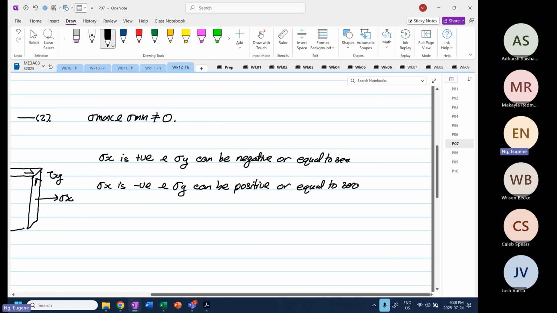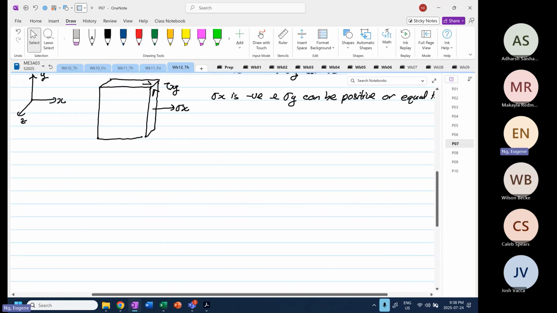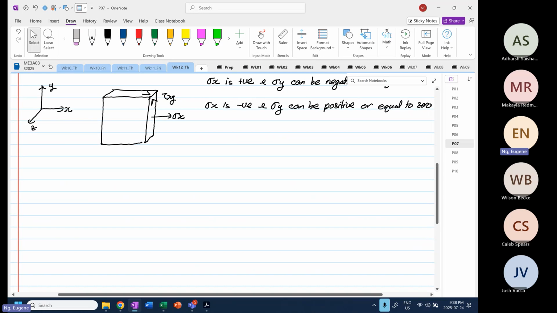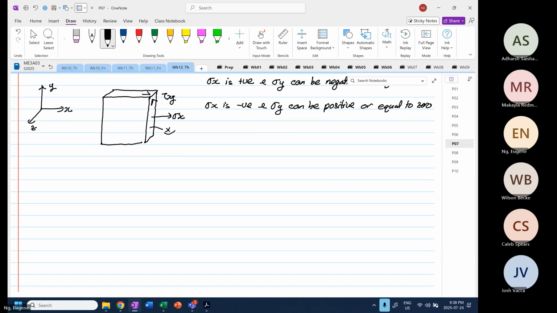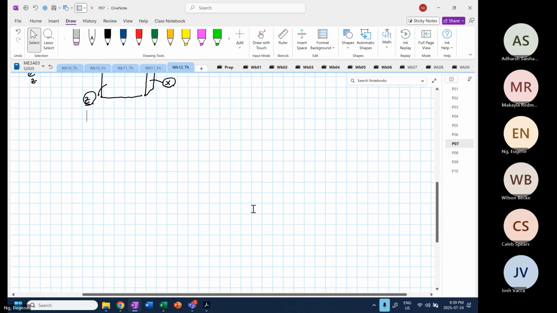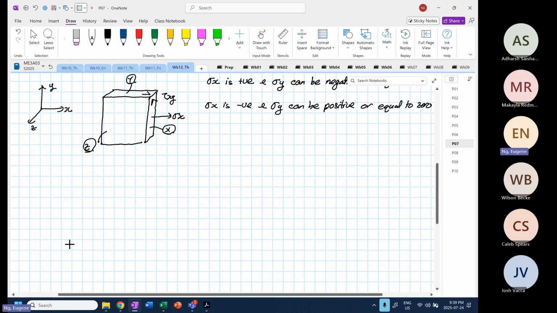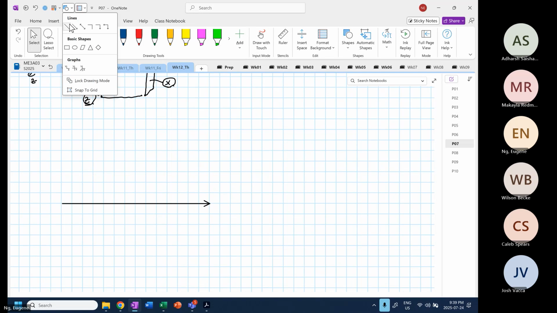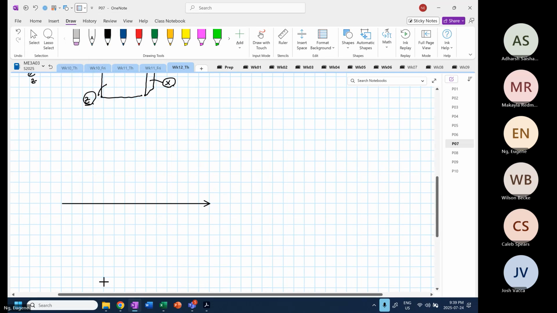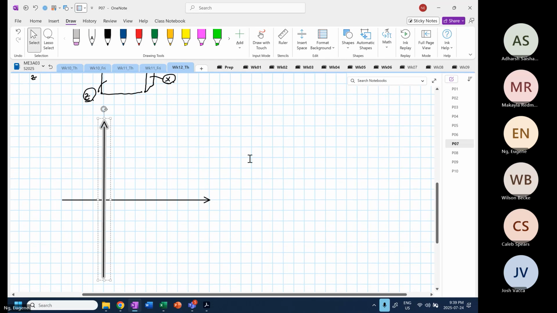So when this is the case, what's going to happen? Now we are going to look at a situation where this is our point X, this is our point Y, and this is our point Z. I'm going to sketch this out. We have our Mohr circle.